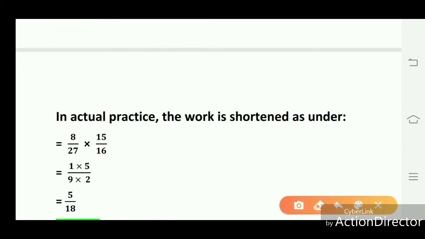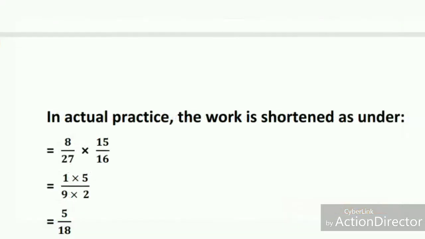In actual practice the work is shortened as under. So here 8 upon 27 multiplied by 15 upon 16. So here we divide by 8: 8 1s are 8 and 8 2s are 16, and here divide by 3: 3 9s are 27 and 3 5s are 15.